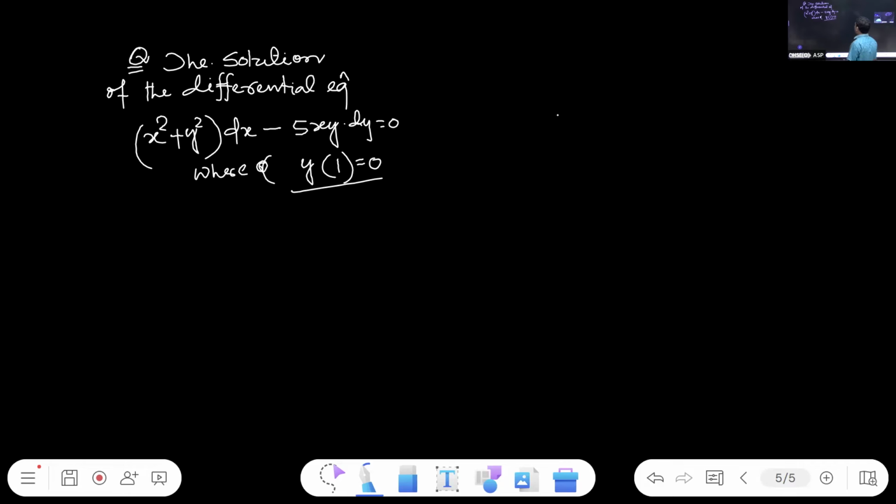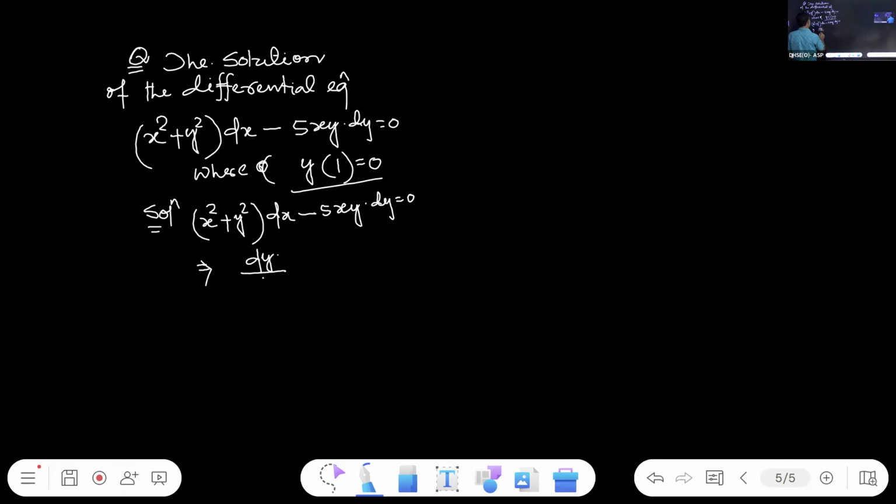Okay. The solution of the differential equation x square plus y square into dx minus 5xy into dy is equal to 0. Now solve it. This implies dy upon dx is equal to x square plus y square upon 5xy.